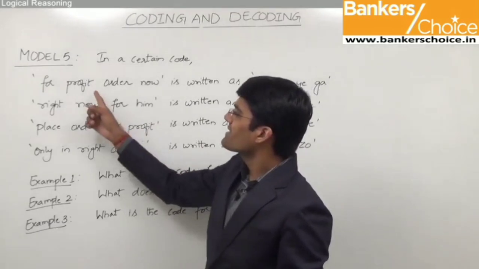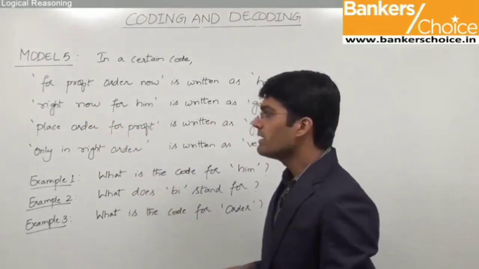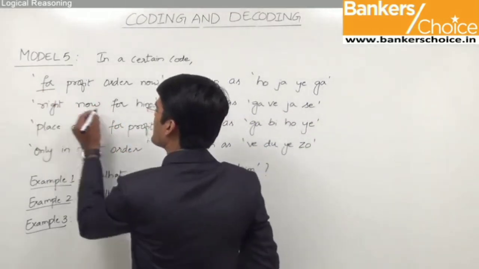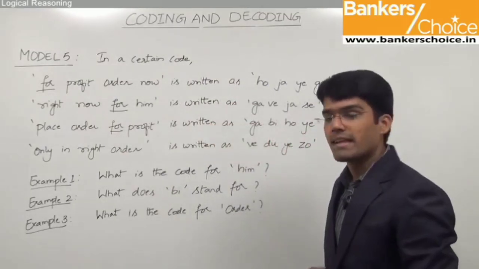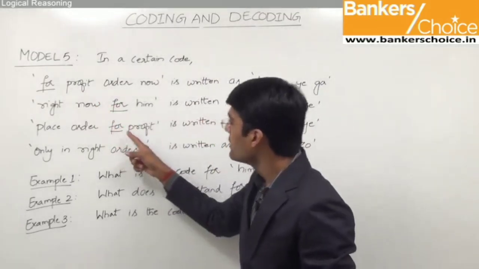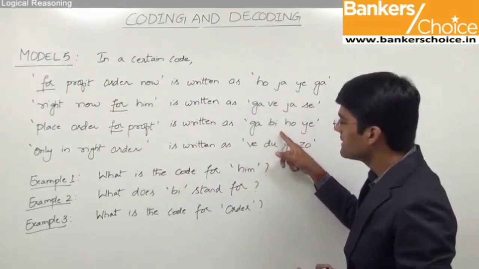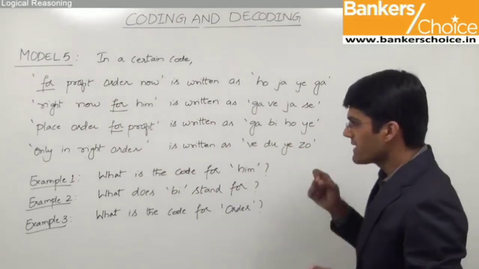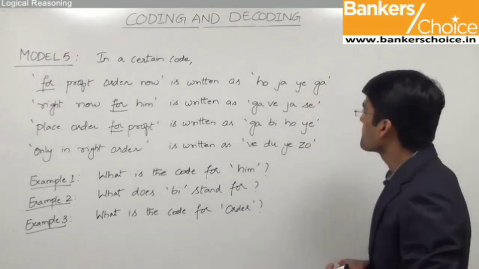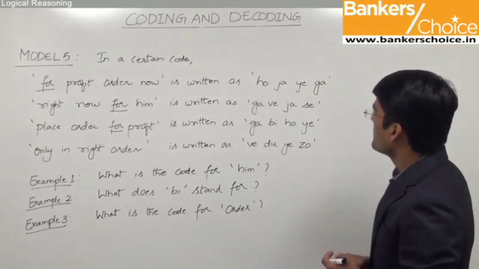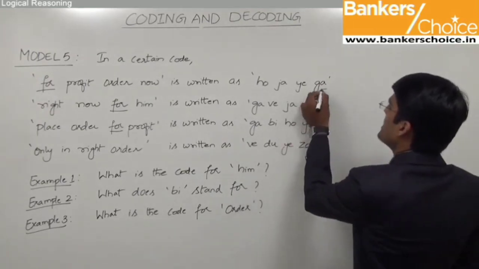Now, if you look at the first, second and third statements here, the word for is there in all these statements. So it is very clear that the code for should also be there in these 3 statements here. So let us now find out what is common in 3 statements on the right hand side. So if you observe, the 2-lettered word which is common on the right hand side is ga.